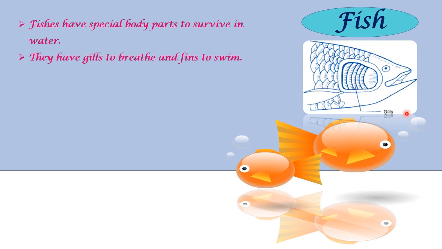The water it takes in consists of oxygen, and the gills are richly supplied with blood vessels, where the oxygen is absorbed from the water. It also eliminates carbon dioxide, and takes in oxygen through the gills.